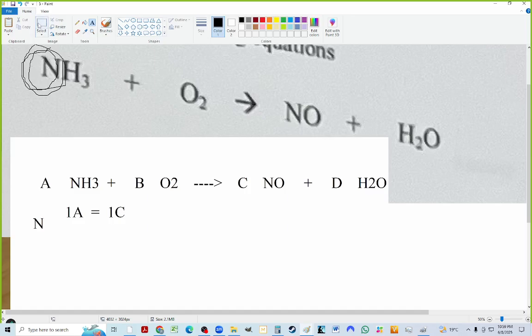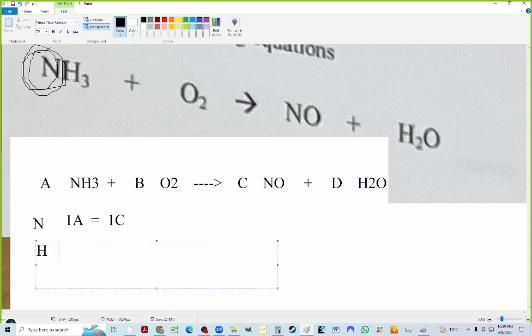Now I'm going to look at my next element and jump from element to element. That's H. 3H, so 3A, plus none in B, equals 2H on D, so 2D. So we got 3A is equal to 2D.